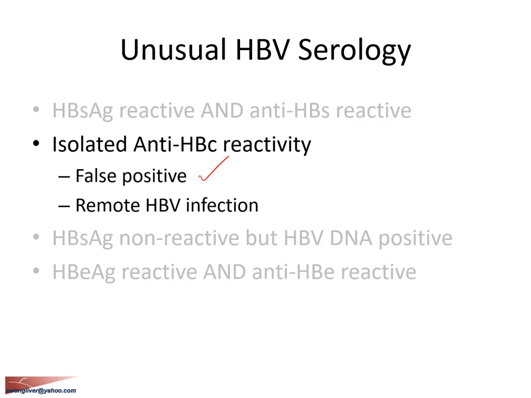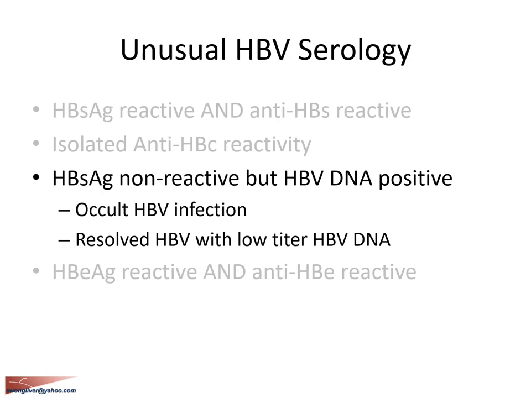So the patient was exposed before, developed antibodies, and resolved the hepatitis B, but eventually, since the anti-HBs can also wane over time, the anti-HBs becomes negative, but the anti-HBc remains positive in these patients. So it may be a remote Hep B infection.